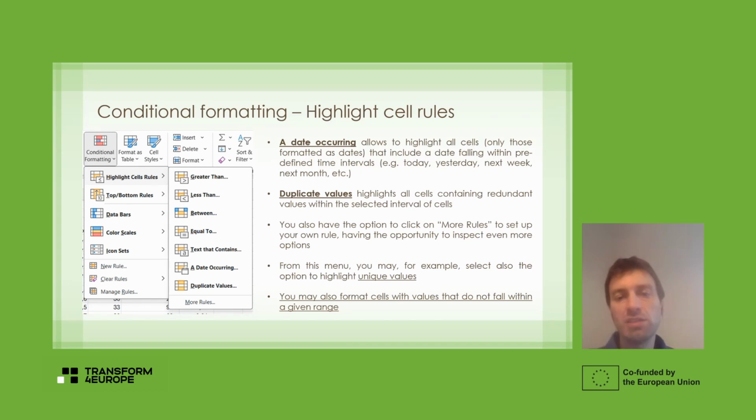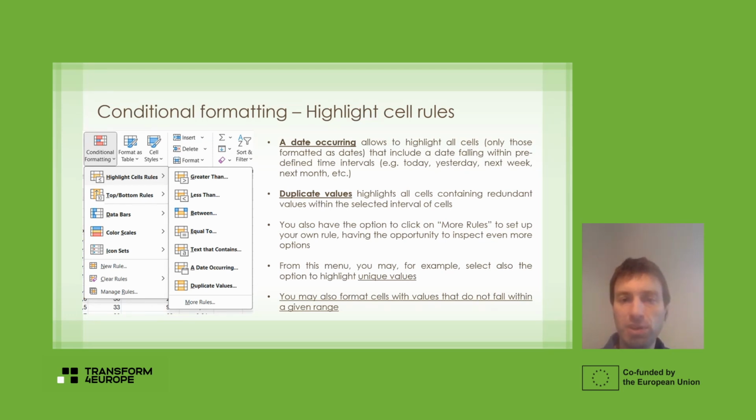Okay. Then sometimes it might be useful also to highlight the duplicate values. So any cell that will include redundant values within the defined interval can be highlighted in a way, and maybe these can come handy to check whether in a database you have duplicate values that you might want to merge or remove outdated entries and so on.